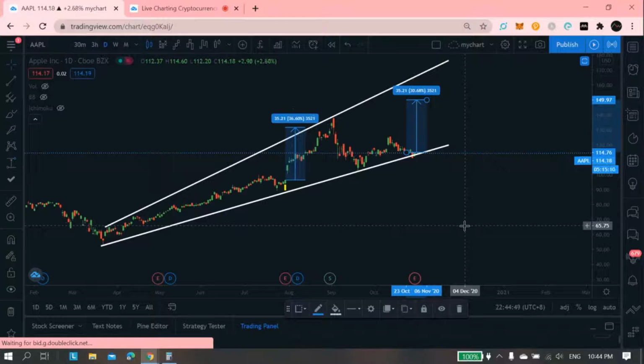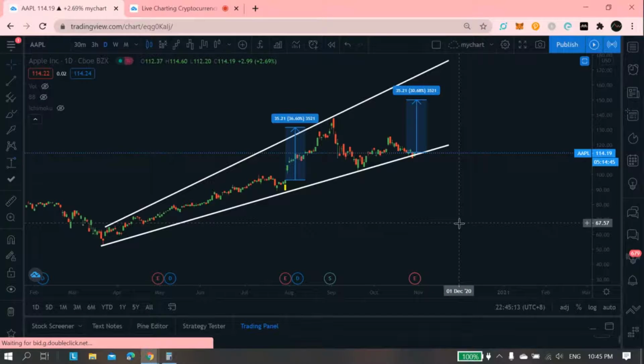So on a conservative note, you can just make it 149 or maybe 145. Possibly there. However, it really depends on what the earnings will be tomorrow.